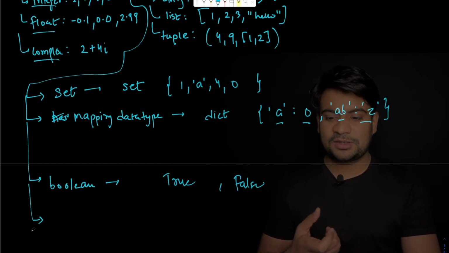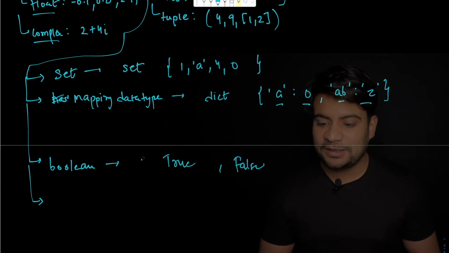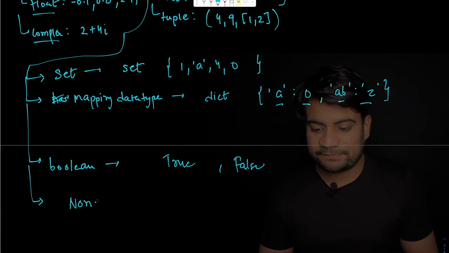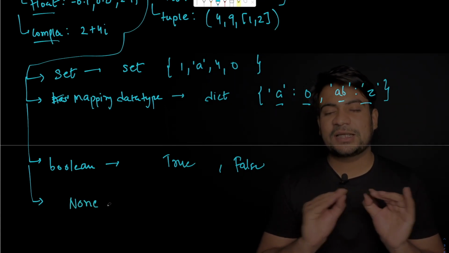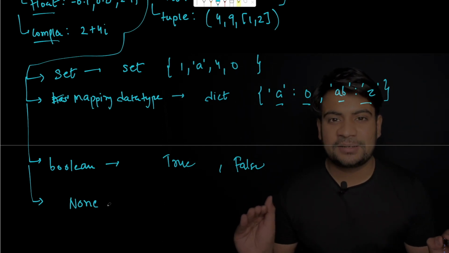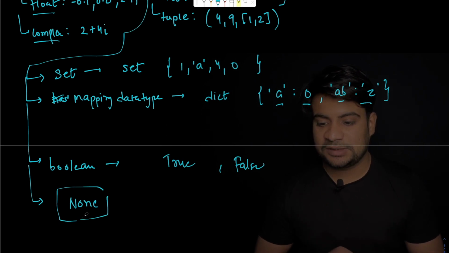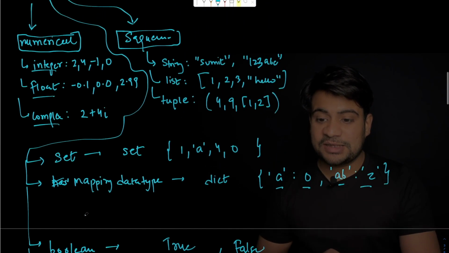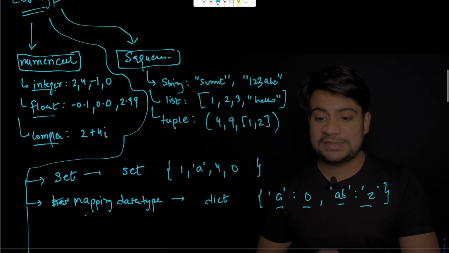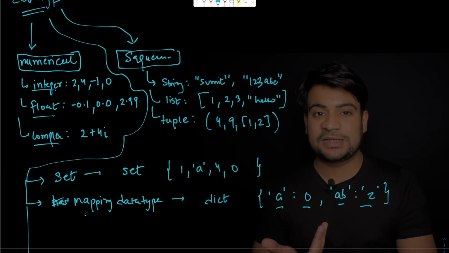I mean, you may not call it a data type, but it's there, which is called none type. So when there is nothing, when it's void, then you can represent a void using none. So these are the data types that we have in Python, and these are the classification of the data types.